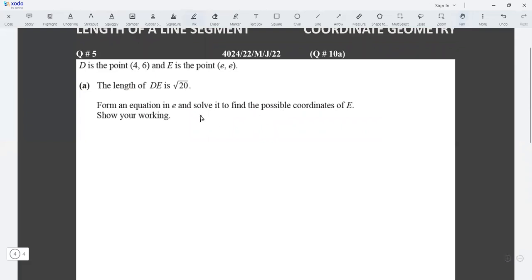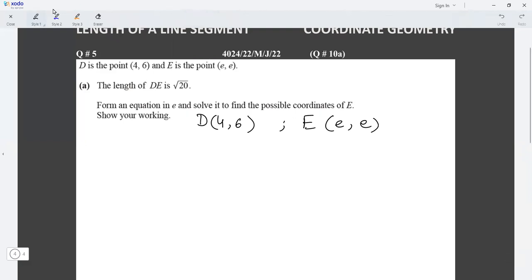So I'm taking point D as the first point and writing down the coordinates 4 and 6, and point E will be taken as the second point, coordinates are e and e. So if it is the first point, the coordinates are x1 and y1, and for point E, it will be x2 and y2.